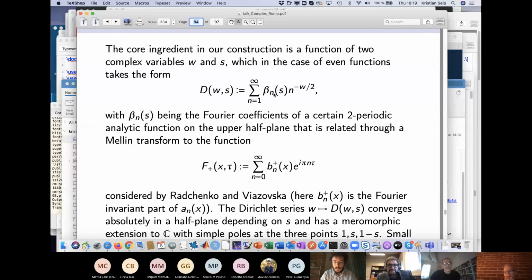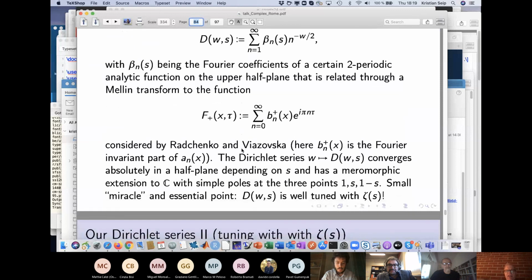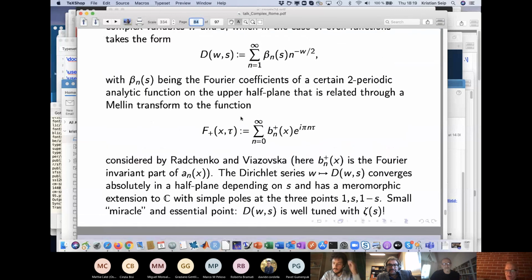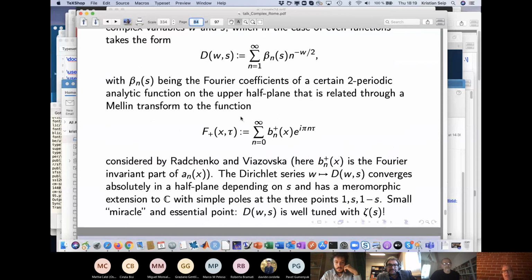You can define it as a Mellin transform of this other function bn, but then you could ask where does this bn come from? Well, you get them from certain functions gn, which are modular forms.